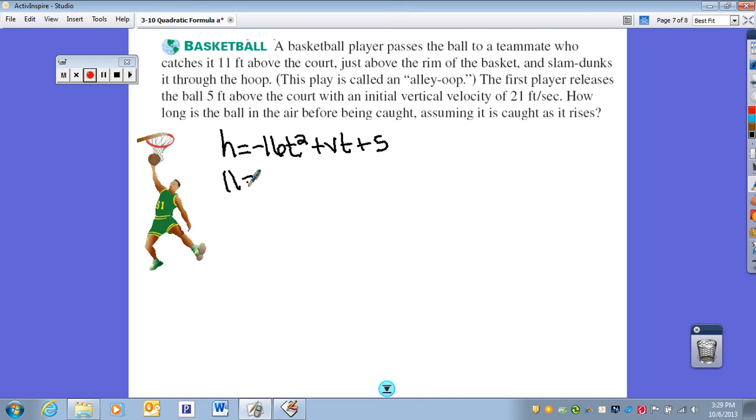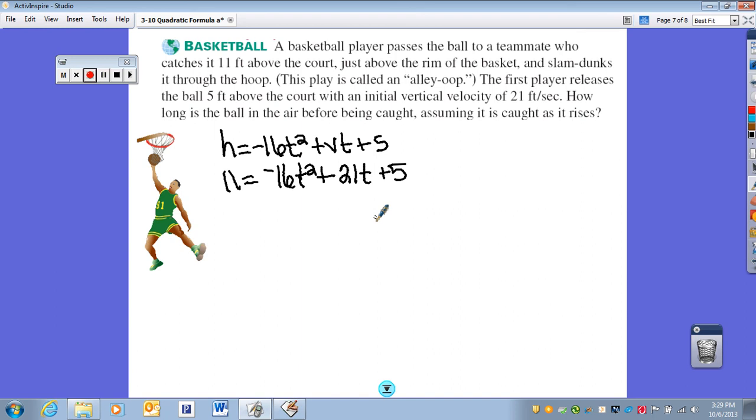Remember that the negative 16t squared is part of the formula, and we are looking for time, so we won't fill in the t. The velocity is 21 feet per second, and it's an initial vertical velocity, and the ball is going up, so that's going to be positive. And then s is our starting height, and it says that the first player released the ball at 5 feet above the court.